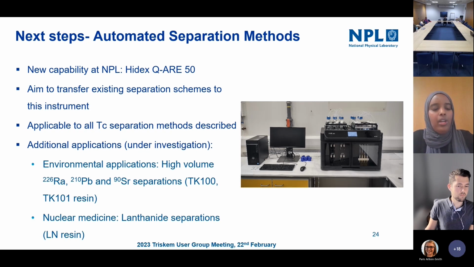But within nuclear medicine, where there's an interest in really rapid automated methods, some of this will hopefully help us make progress on the methods that we've already developed in the past couple of years. So hopefully we make good progress and can present in subsequent UGMs. It's quite an exciting capability for us to look into.